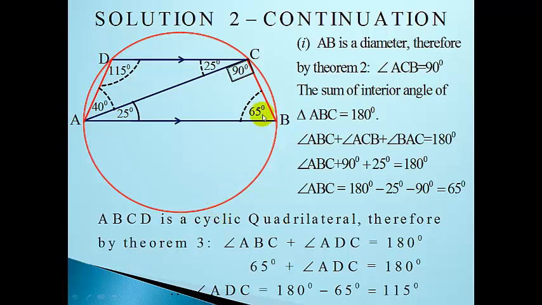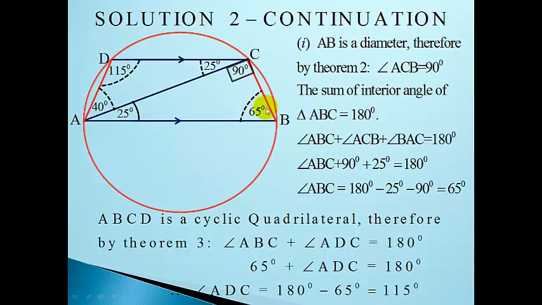ABCD is a cyclic quadrilateral. That is a quadrilateral within a circle. Now we know that the sum of the opposite angles is 180 degrees. So angle ABC, the angle at B, plus angle ADC is equal to 180 degrees because they are opposite angles in the quadrilateral. Now angle ABC has been calculated and we have 65.